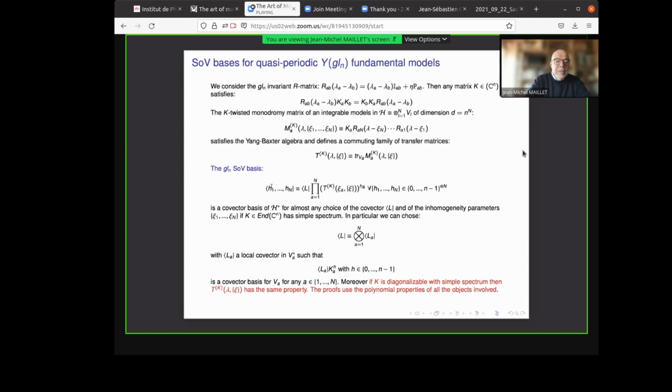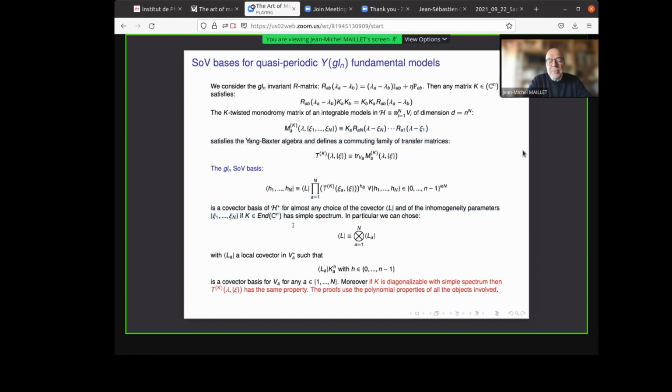And then what you can prove immediately is that you can construct indeed such a basis, taking some covector L that I will describe, times the product of the powers just of the transfer matrix itself. So the h_A go from 0 to N minus 1 in that case, and you evaluate the transfer matrix in the ψ_A, and the only thing you have to make sure is that K, the twist that you put in the definition, has simple spectrum.